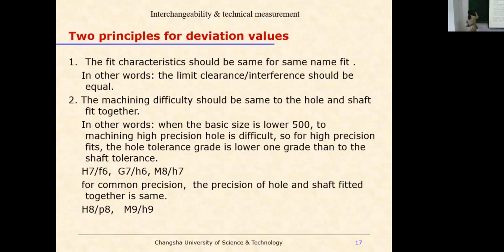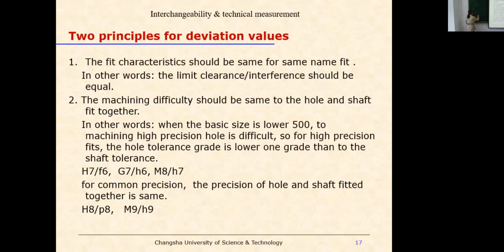So if you design the hole as 7, and then you design the shaft as F2, this is not competitive because 2 is very hard to manufacture, and 7 is easier to manufacture.